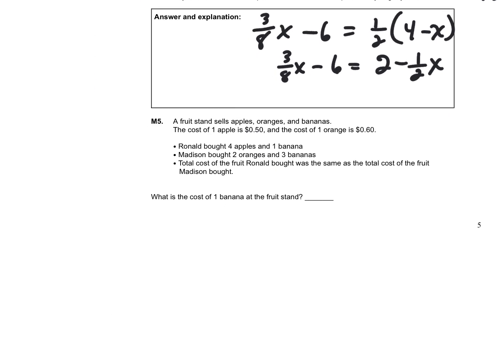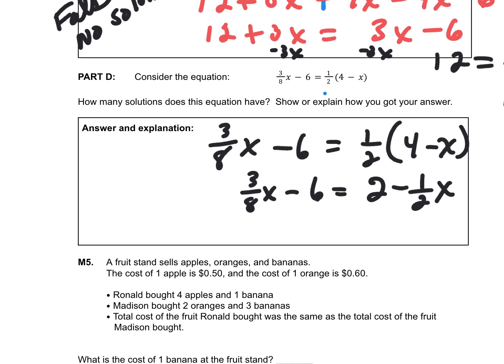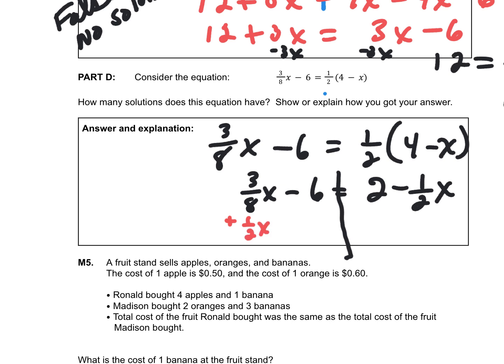Whoosh, getting sticky here. Now, I like to get the variables on one side. So I would add 1/2 x. So that would be 7/8. Nope, sorry. Oof, the whole erasing thing again.